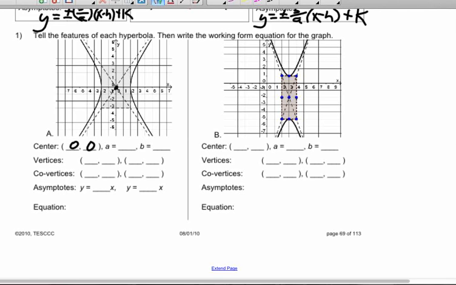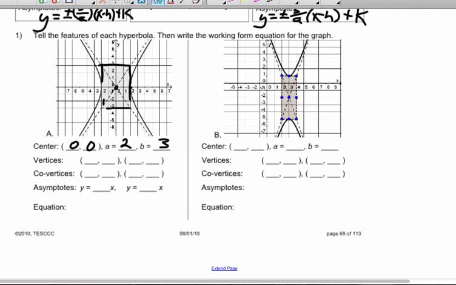My A is the distance from my center to my vertex as I move that direction, so it is 2. And my B will be going up. And you can see they kind of got their little box drawn here. And so we go up 3 to get to that point.